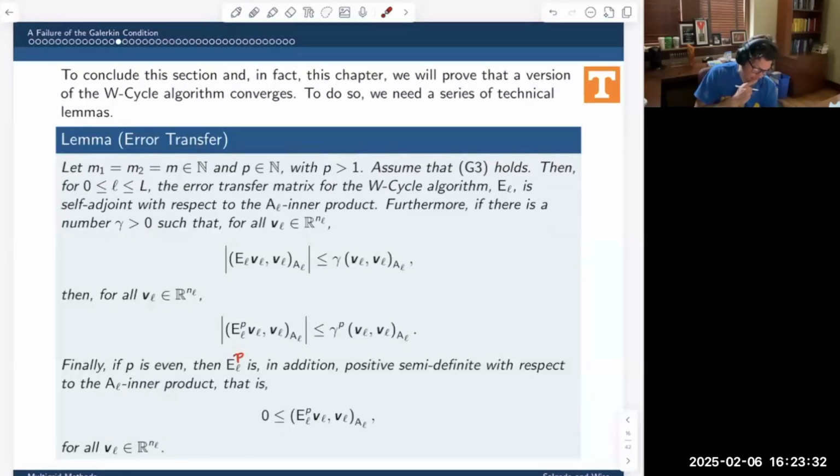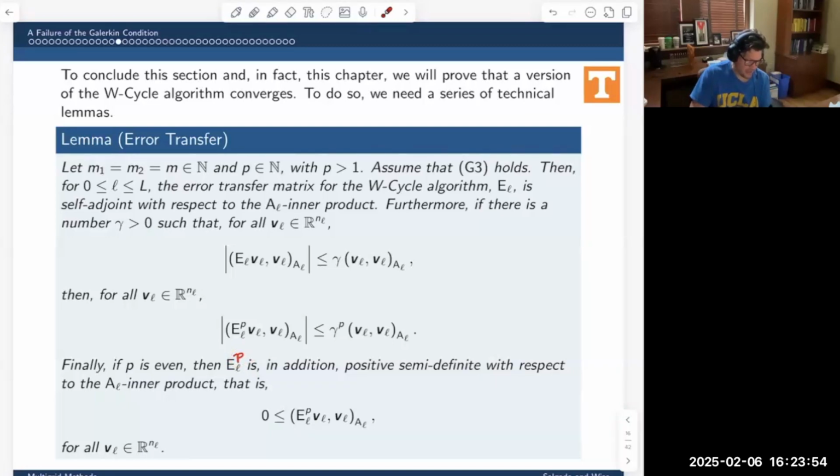Now if P is even, I showed you how to argue that this is positive semi-definite by breaking this into two pieces and throwing half of it over here. We discussed that last time. It's just that I had the wrong thing here.